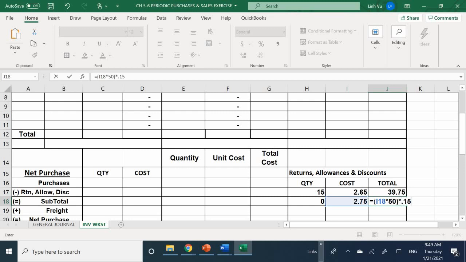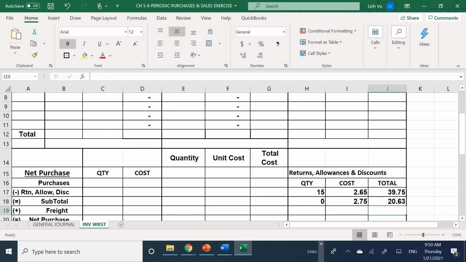Say that again? $20.63 is my number. $20.63. Good. Okay. Say that again? Why is it going to be zero? Because if there is a return, it's going to be zero on the quantity.